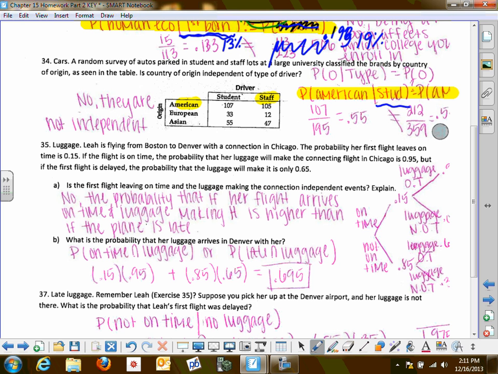You could have chosen a different kind of car other than American. Okay, so there was multiple ways that you could do this. If you found that yours was the same, you actually would have to check them all. But look, the first one I did, I found that they were what? Since they are different, then I'm good. I can stop because I know if one of them's different, then they are not independent.